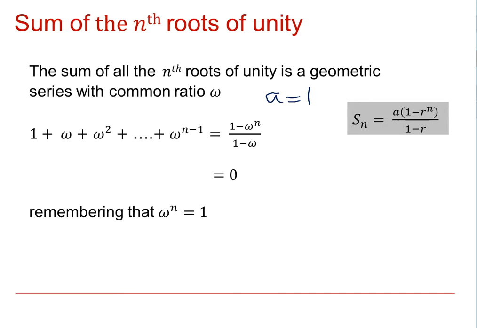Well, the sum S n equals a times 1 minus r to the n over 1 minus r. Remembering that omega to the n equals 1, then we'll know that 1 minus omega to the n must therefore equal 0, which therefore implies that S n equals 0 for all n.